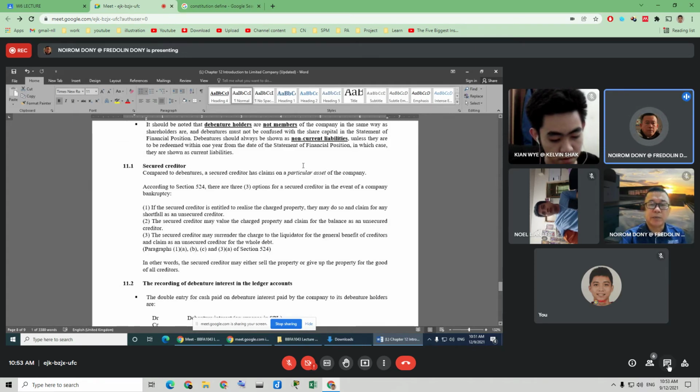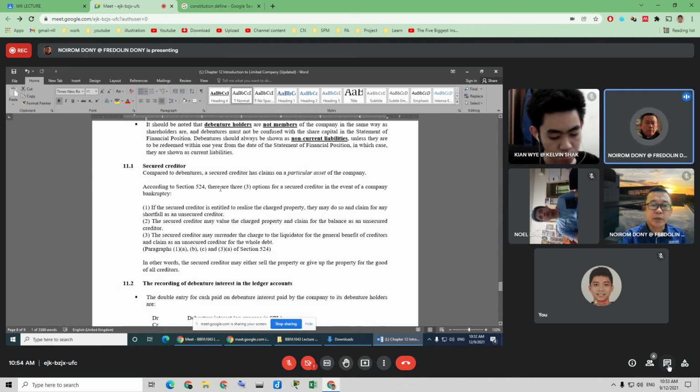So they put the asset, then the secured creditor will give the money to the company. And if the company is not able to make payment after the expiry of the loan, then this creditor will claim the asset, sell off the asset, and get paid.